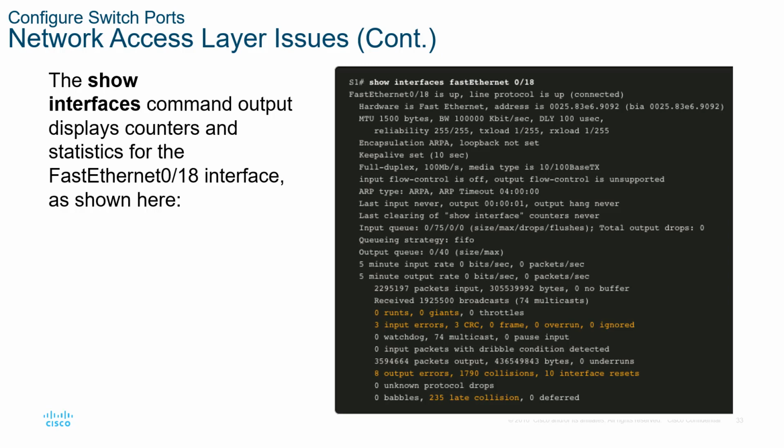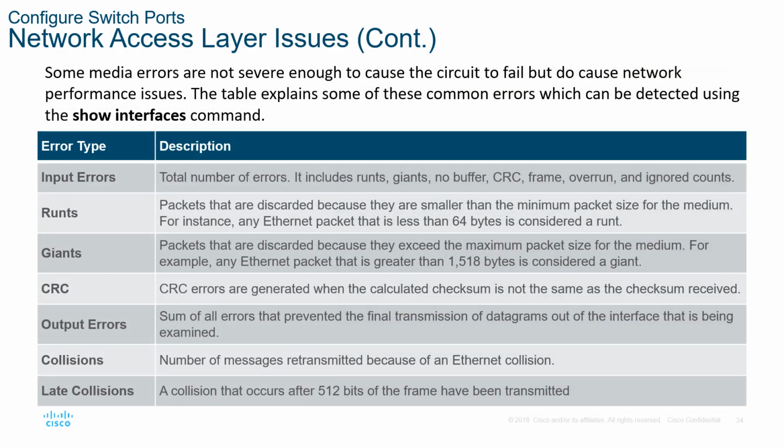Realistically, as you move through the Cisco curriculum, the higher level courses, understanding the show command output becomes important. Understanding things like runts and giants helps you to troubleshoot what's going on. If we're looking at an input error, that will be the total number of errors, including all runts, giants, buffers, everything.